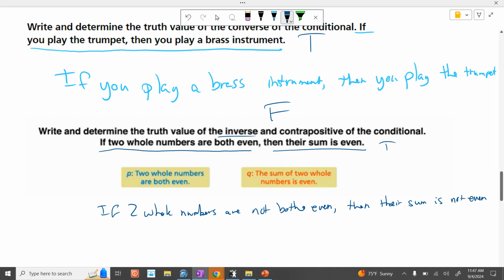True or false? False, because you could have two numbers that are both odd, 1 and 3 are both odd, but their sum is going to be even.